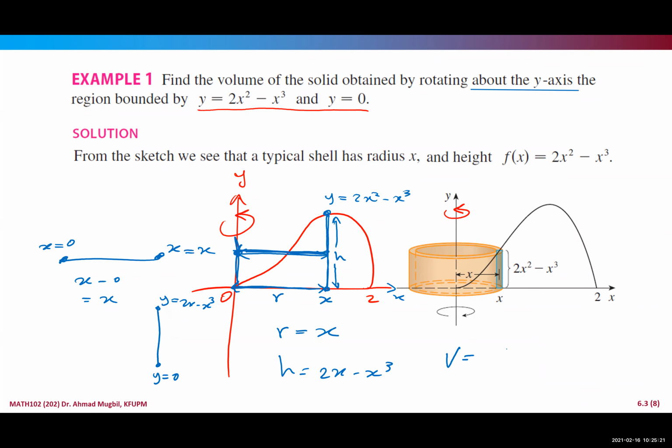Now, what will be the volume? The volume will be the integral. Because the line that we drew is vertical, perpendicular to the x-axis, we will integrate with respect to x. From where to where? X starts at 0 and stops at 2. So it is from 0 to 2. Now it is 2π R H. What is R? R is x. What is H? H is 2x squared minus x cubed. That's it.